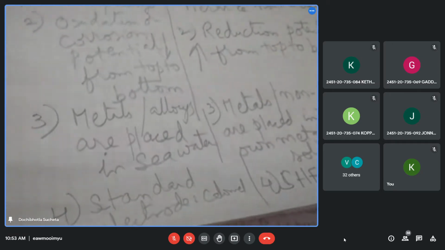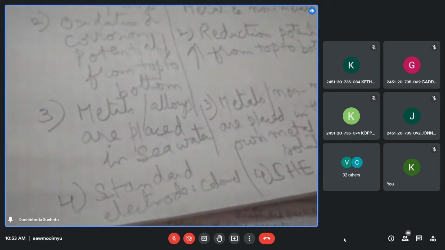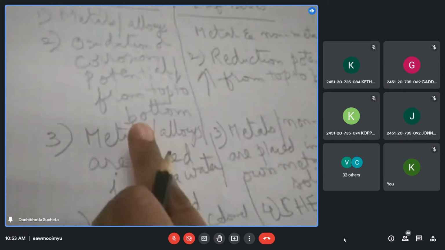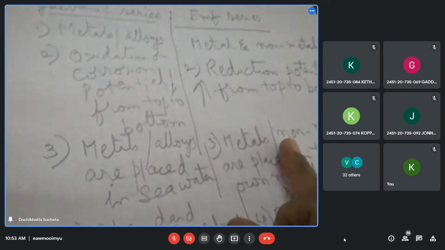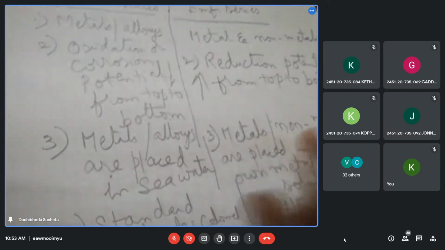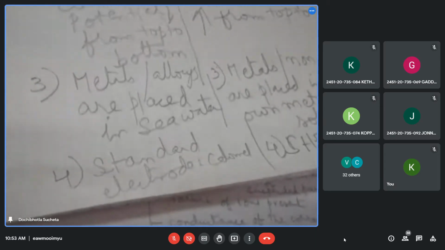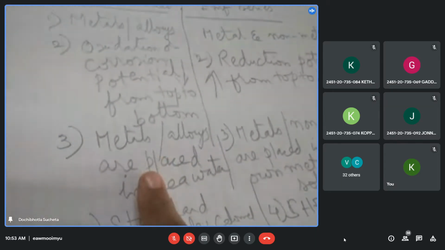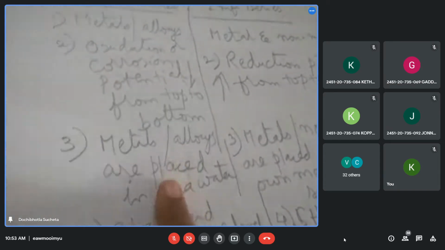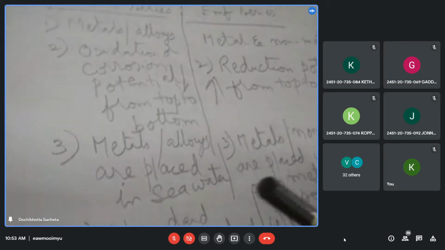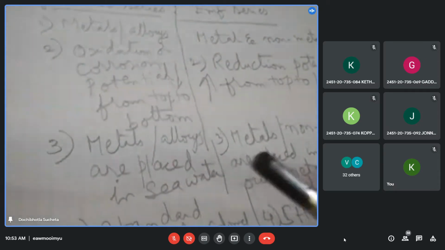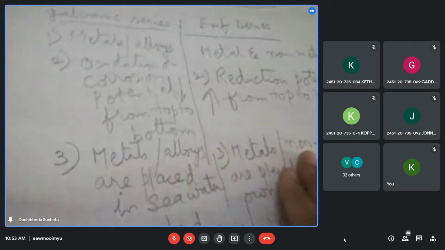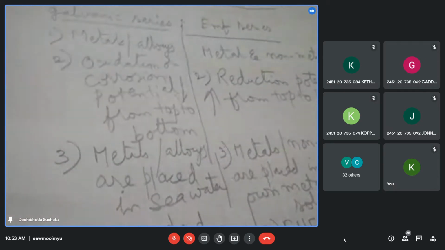Okay. These are the four major important differences between galvanic series and EMF series. This series gives corrosion potentials and this series gives the reduction potentials.